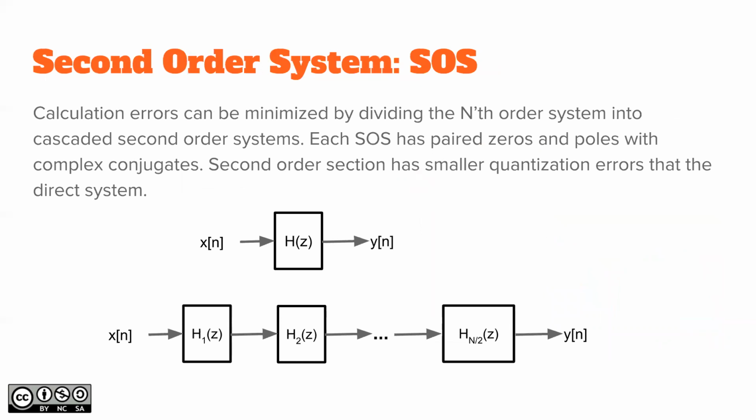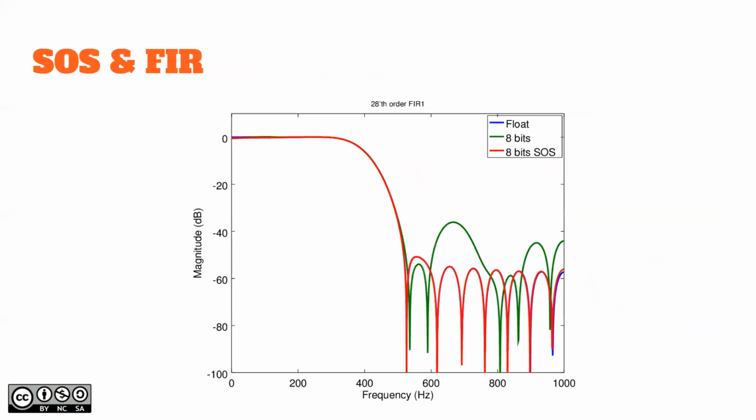The solution for that problem is using second order systems. For the FIR, you usually just have a long enough word length and use fixed point. Since usually you think of 16-bit numbers, you then already have enough bits for more than 80 decibels of stop band attenuation.